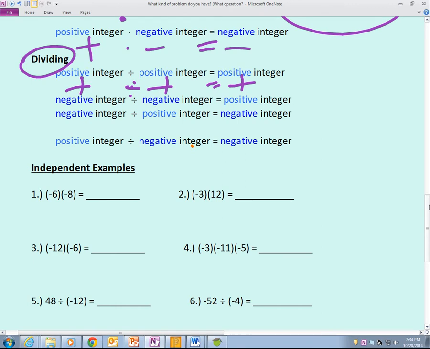Now, here is the major concept of this whole section. With division and multiplication, if you have an odd number of negative integers, what is the sign of the product or quotient going to be? Look at the examples that you just drew.